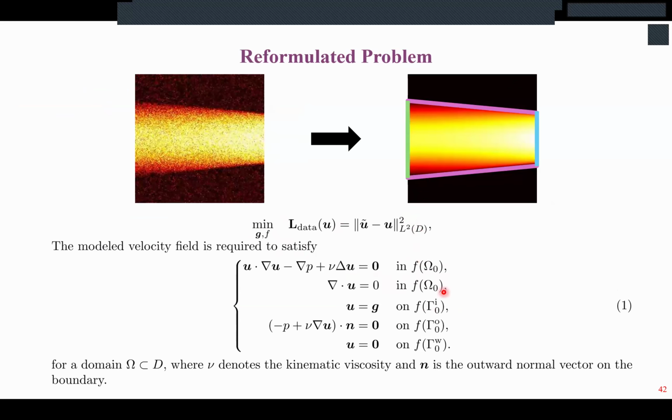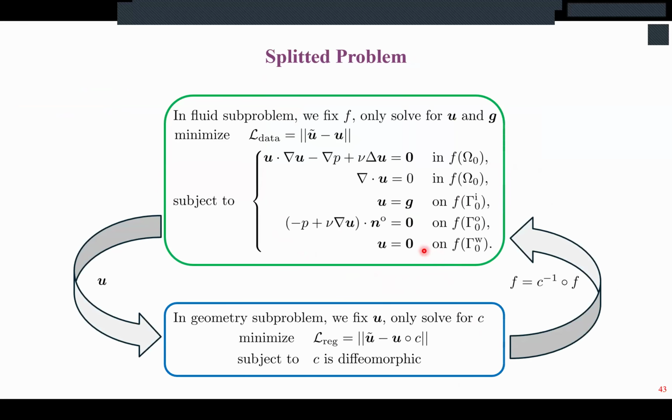But this problem is still somewhat complex because it involves multiple factors. So what we did here is to split the complex total problem into two subproblems, which is kind of similar to the forward part, but we have a reformulation for the geometry part.